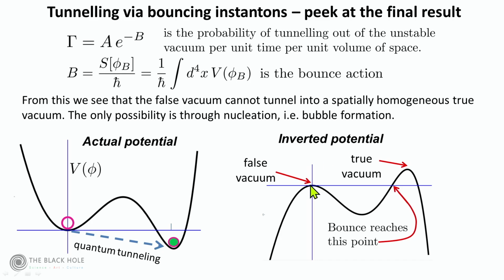In this case, what's going to happen is that the system is going to go from the false vacuum towards the true vacuum, and it'll bounce back. So looking over here, this is where the bounce happens. Here is where the bounce happens, and then it'll go back.